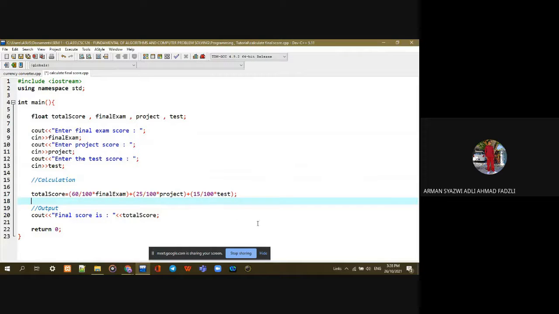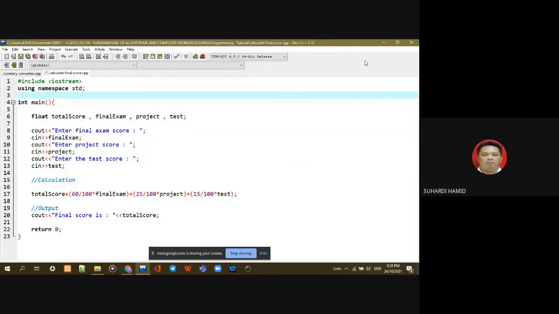By the way, Aman. Look, this is how coding should look like. First, line number 6, you will declare your variables. Now, starting from line number 8, you start your input. Notice we have declared final exam, in final exam. We have declared project on line number 6. Then we can in project. Notice this is for the input. Next comes the process.